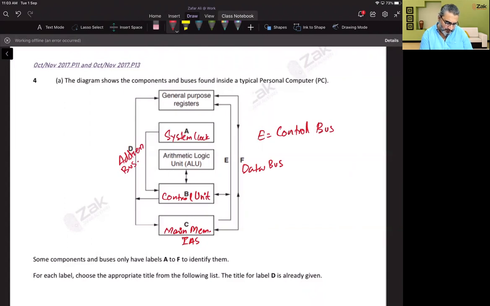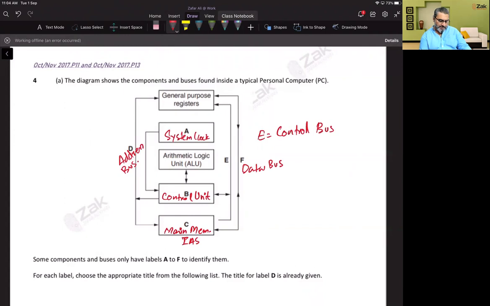F is data bus, D is address bus. So from control unit, it is one-sided. So this is address bus. If from control unit it is two-sided, then E is control bus and then we have got F, which is data bus. Yes, it is now correct.